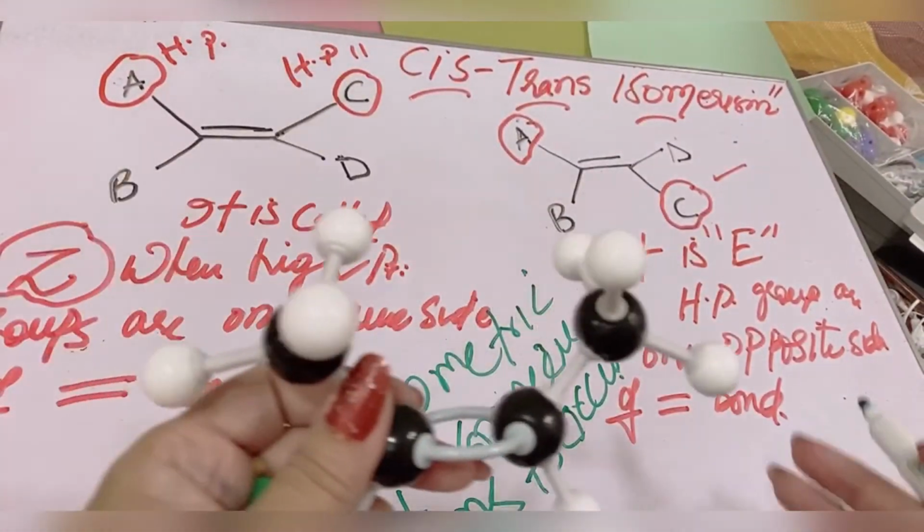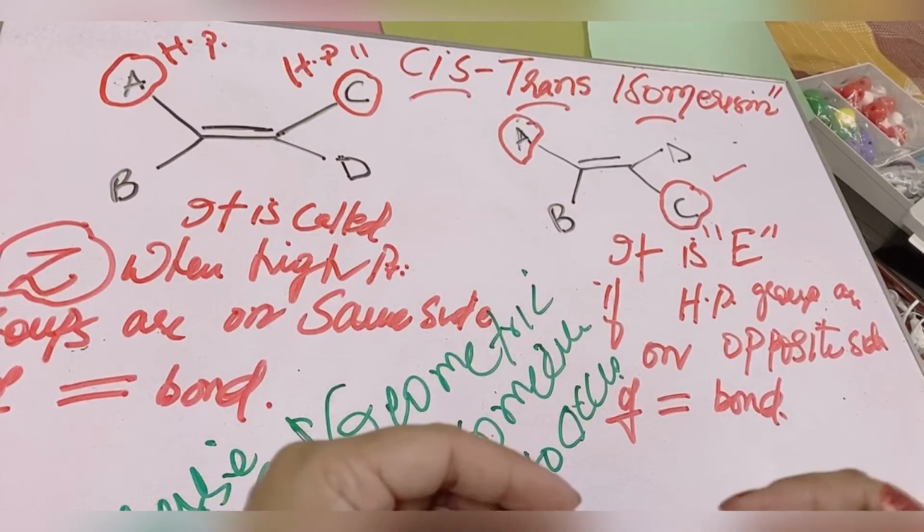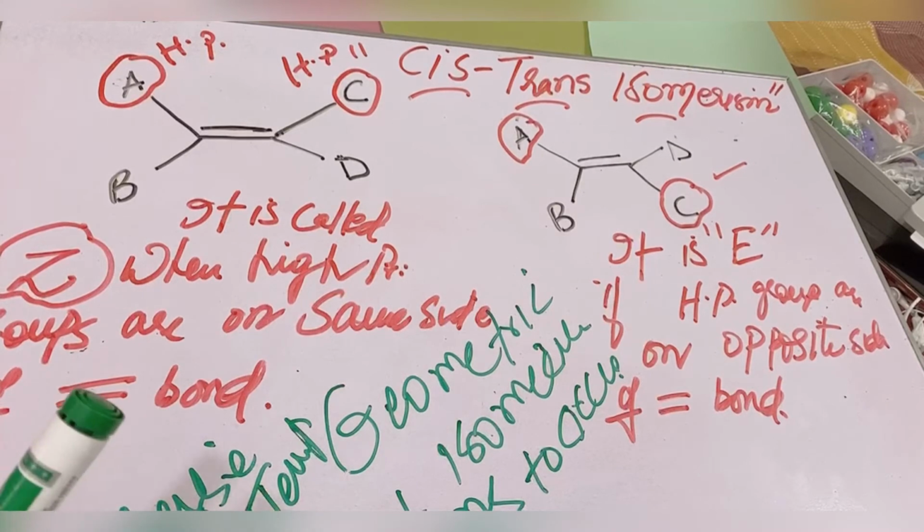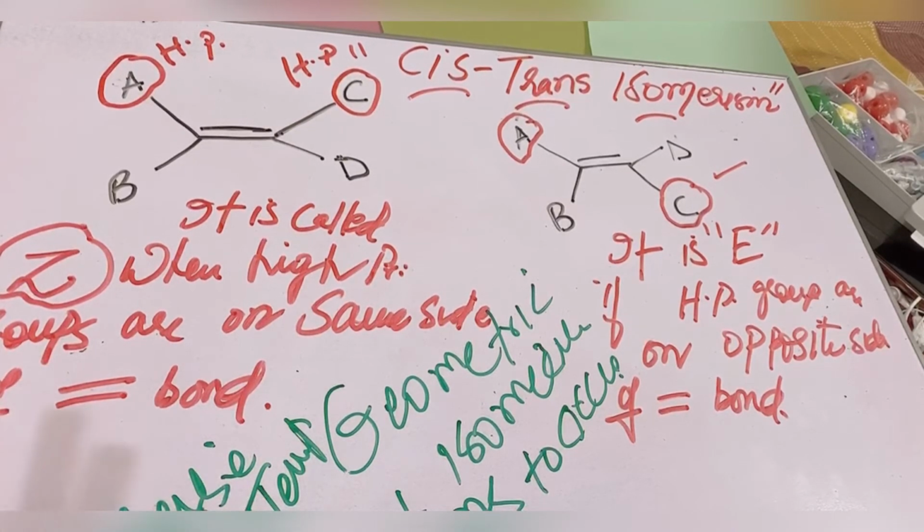So the E and Z, or geometric isomerism, the concept of this was brought to us by the Cahn-Ingold-Prelog system, right?